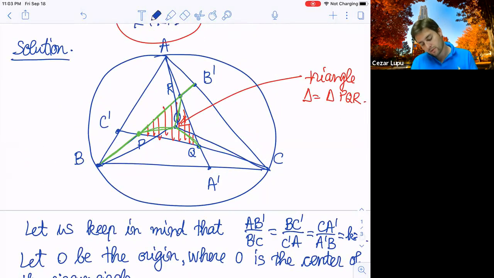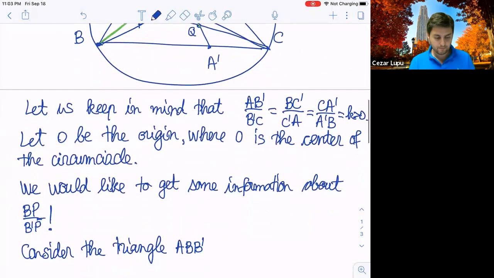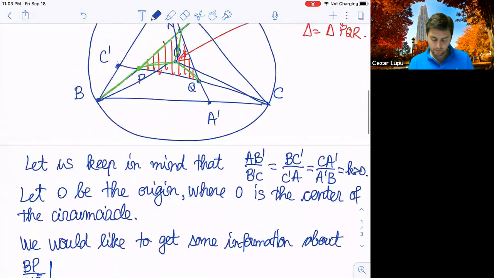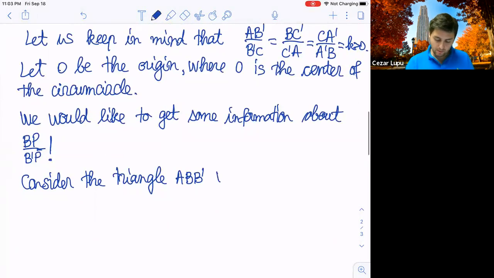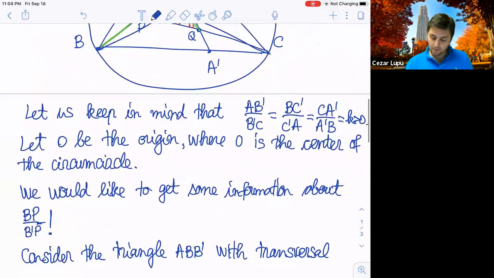What transversal do we have? We have AB prime C, with transversal AB prime C.